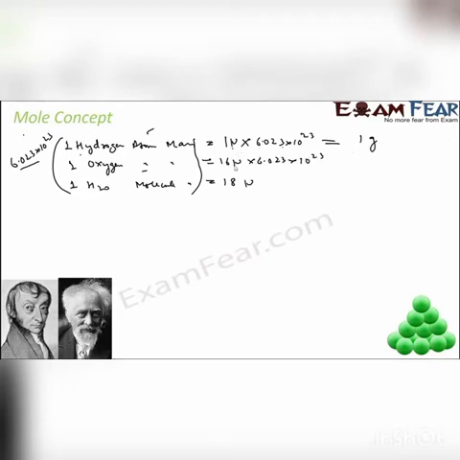So 16 into this will be 16 gram. Simple maths. So 1 into Avogadro number was 1 gram. So 18 unit into Avogadro number will be 18 gram. And these are nothing but molecular mass.